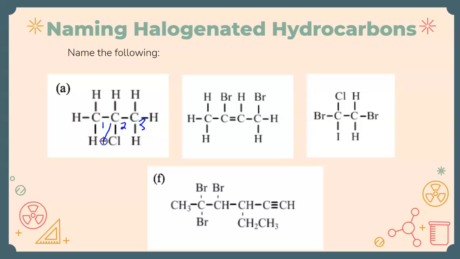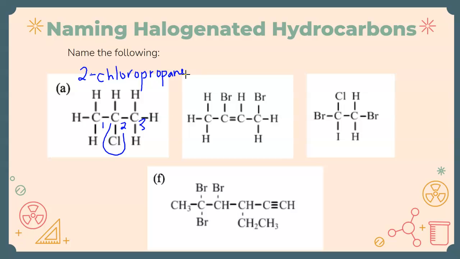And we also have a chlorine off of it. So we would name it 2-chloro, because it's off of the second carbon, and then the ending of the word would be propane, because it has 3 carbons and they're all single bonded together. So that's all we have to do for that first example.